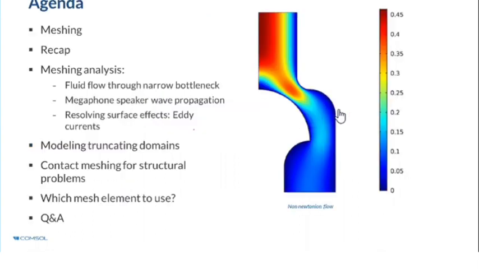The agenda for this session is to explain what meshing is, give a short recap of the various options available, and then take 3 examples to see how we can improve our meshing and what things you have to take care of while meshing various problems.